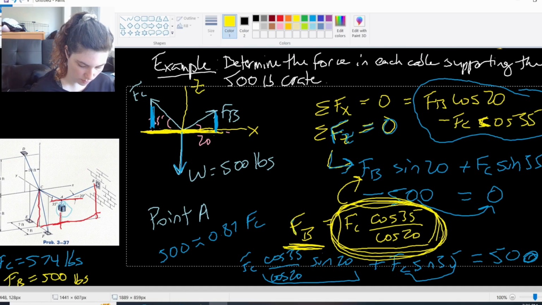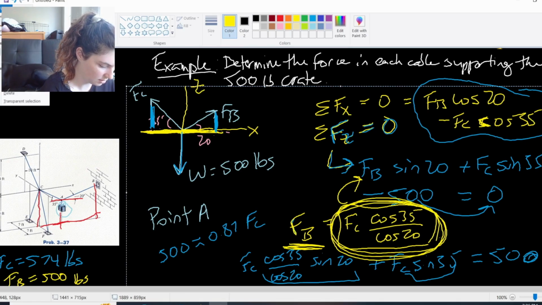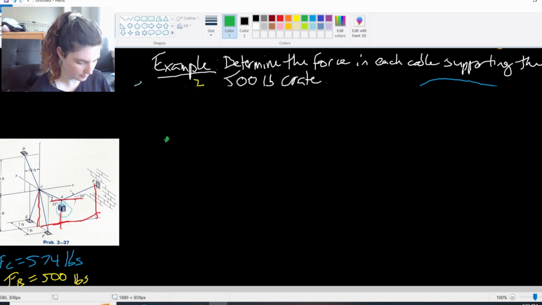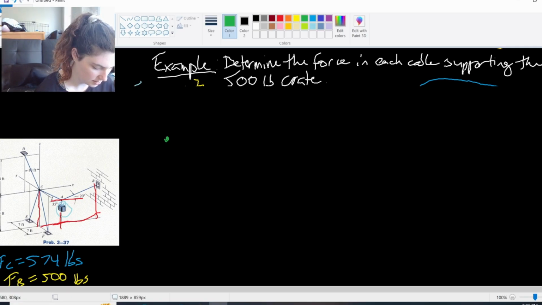Let me get rid of this. And let's just start fresh here with a new free body diagram, this time at point C. And I'm going to do him in green here. So at point C, if I do my free body diagram around point C, I have cables E and F here, right? So I'm going to call this FE.